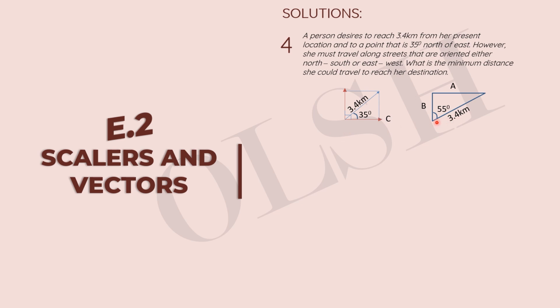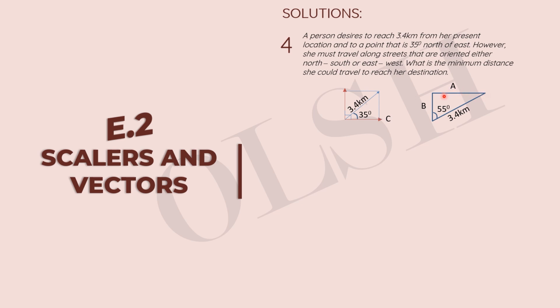Okay, so she is here. She wants to go here, but she has to go through this north-south orientation kind of street and the east-west orientation kind. So she can walk this way and then walk this way to get to her point. What is the minimum distance she will travel?